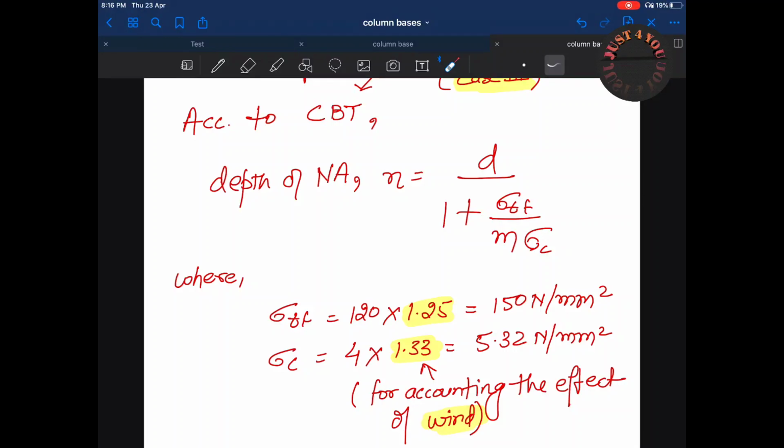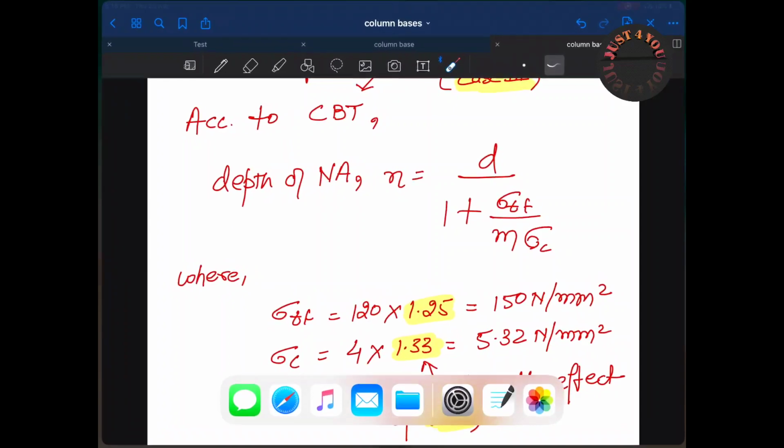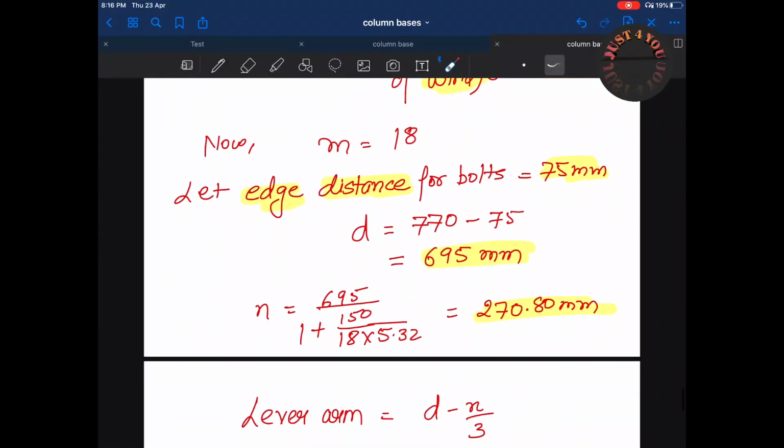So I multiplied the sigma_tf value of 120 by 1.25. Similarly, sigma_c, the compressive stress in the concrete, increases by 33%, so I multiplied by 1.3. So we get 5.3 N/mm², and the sigma_tf value is 150 N/mm² for accounting the wind. And the modular ratio is 18.